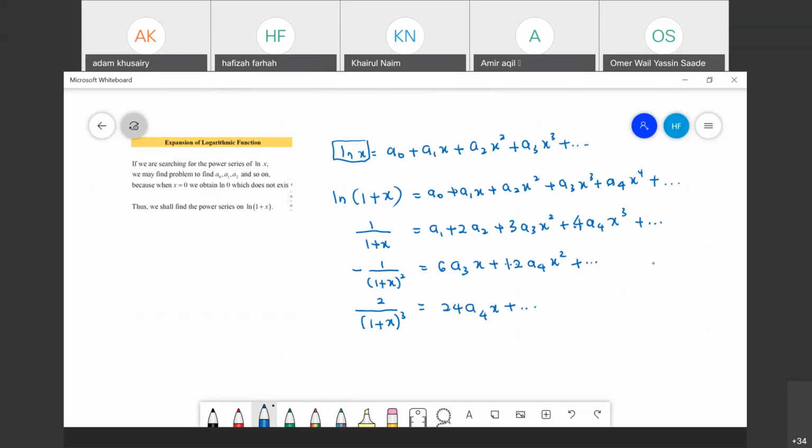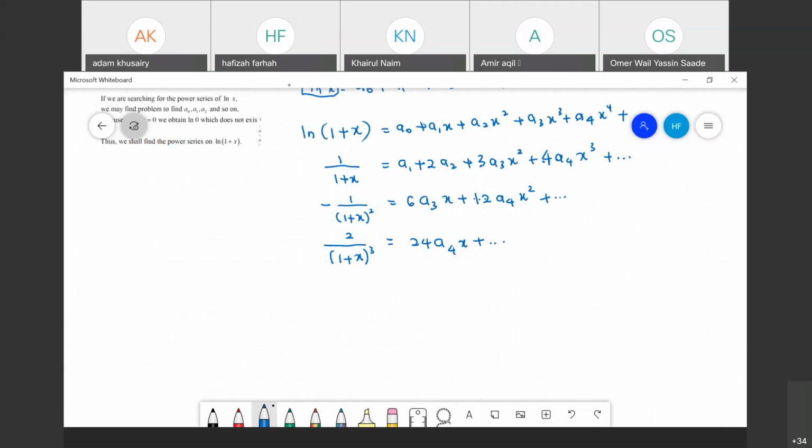So the same method where you have to substitute x equals to 0 into this equation to get the value of a0, a1, a2 and a3. Why is it a3? It should be 2a2x. Okay, sorry, it should not be this one. It should be 2a2 plus 6a3x.